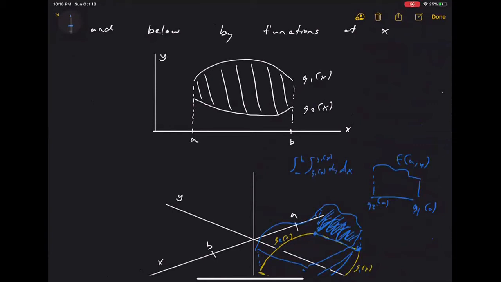Usually for these functions we would write y equals g1 of x and y equals g2 of x. So our upper and lower y bounds will be these functions.